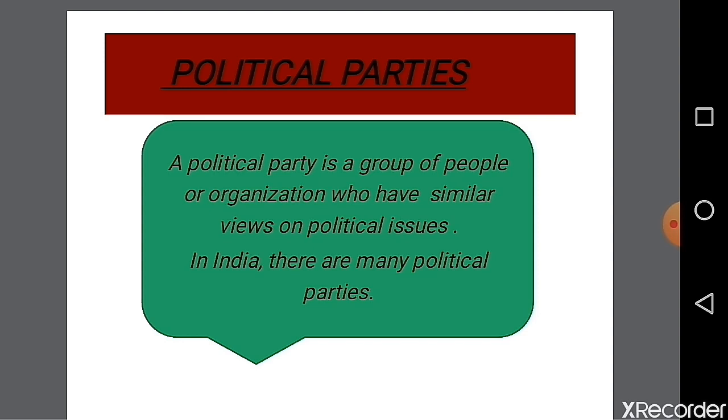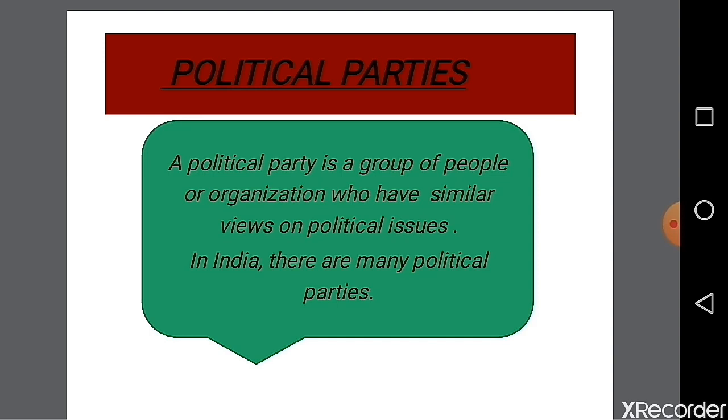Okay, so there are few political parties of which we know. There are more than 2500 political parties, but we don't know about them. There are national parties, there are state parties, and many of them are unrecognized parties. So these are the political parties.